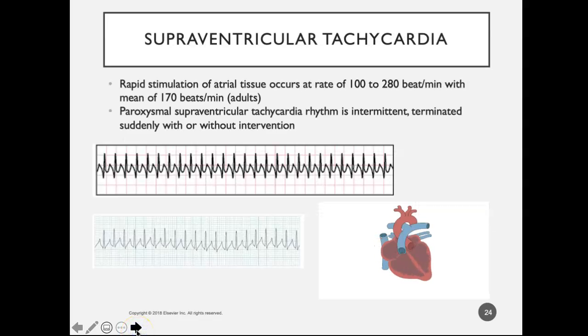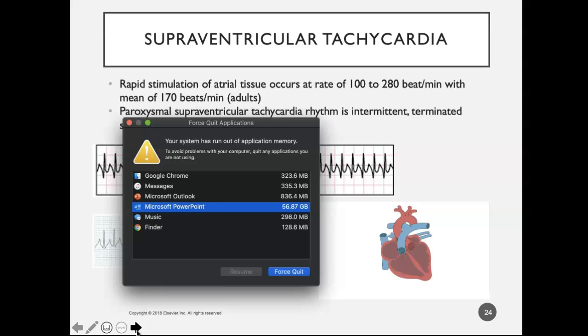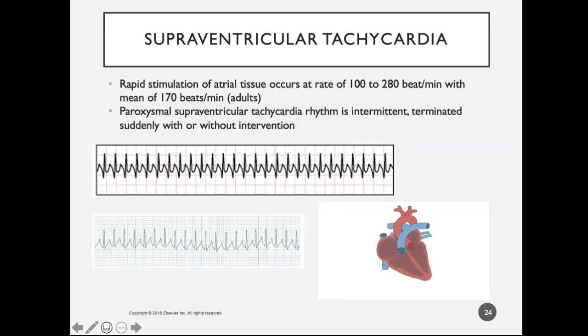All right, so we're moving on to supraventricular tachycardia, and I know that's a mouthful. Okay, my computer froze.